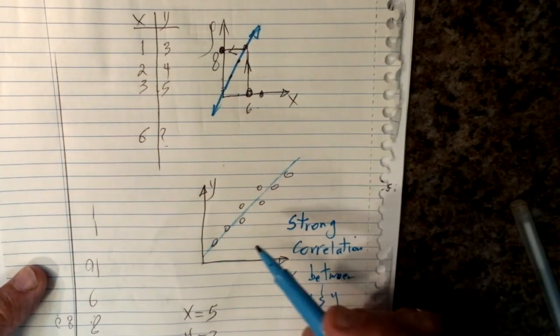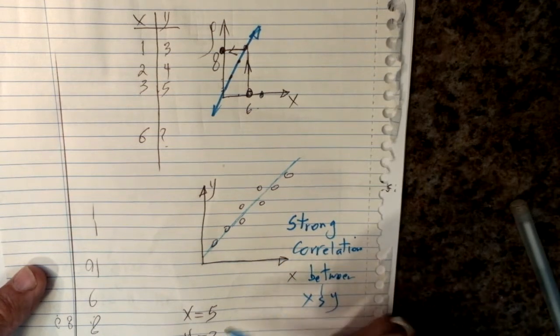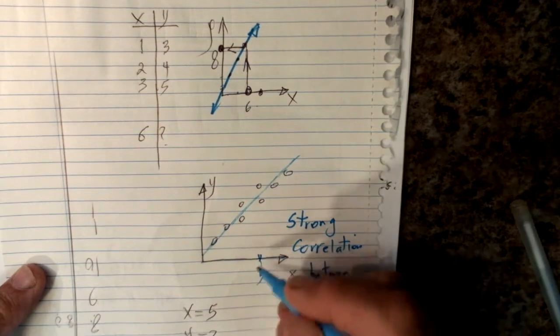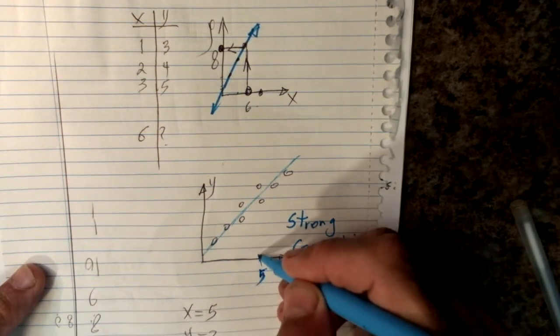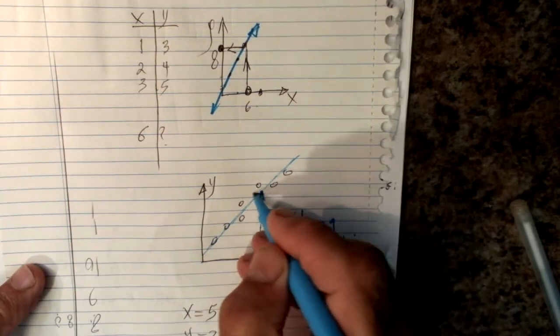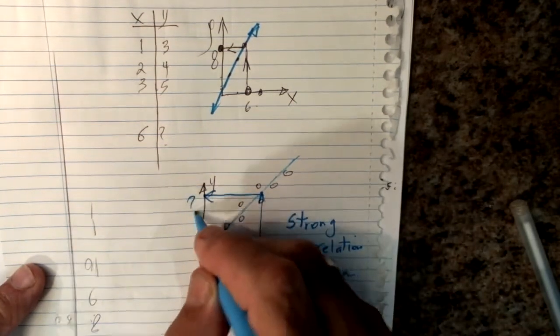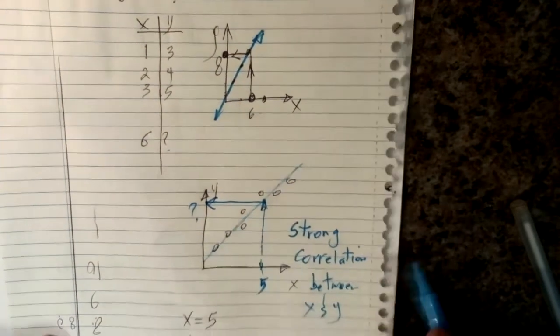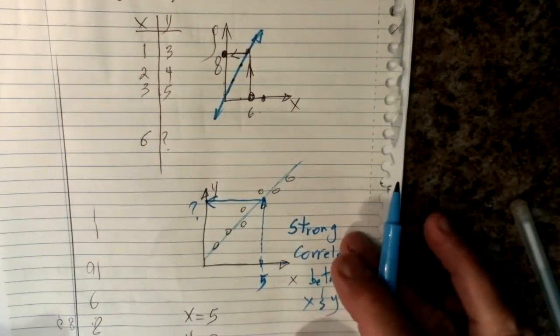So in that case, if I ask you to find the y value for x equal 5, on the x-axis you find 5, then you draw the straight line, and you read your y value, correct? So this is in case you have a strong correlation.